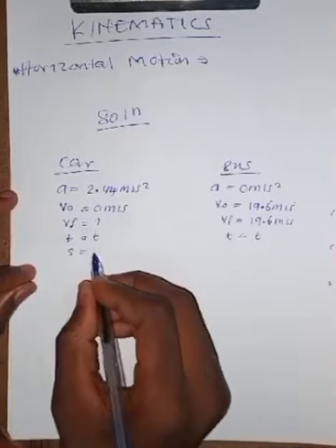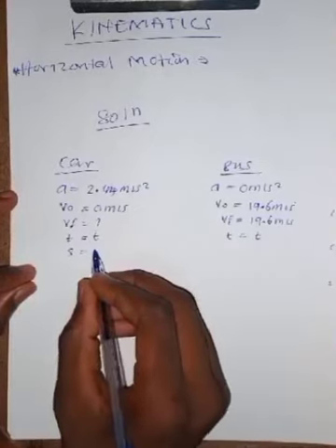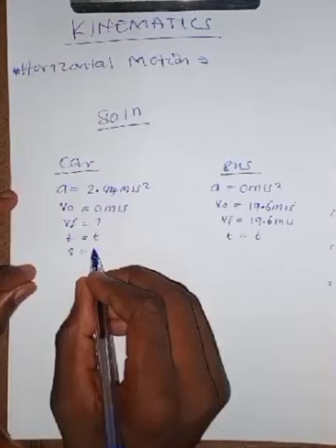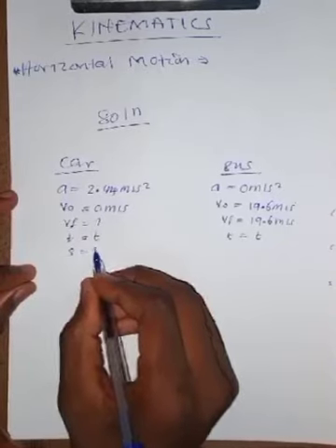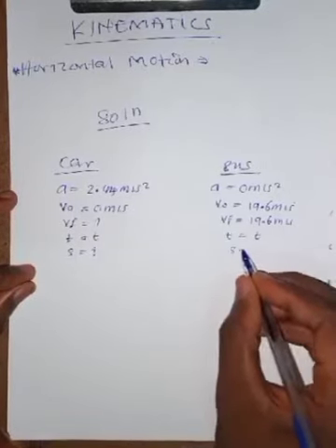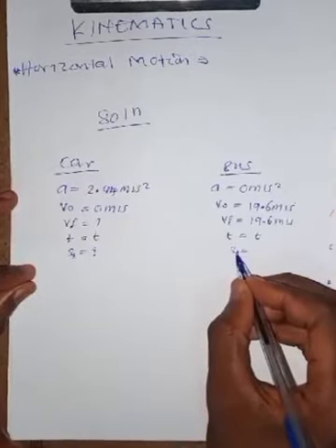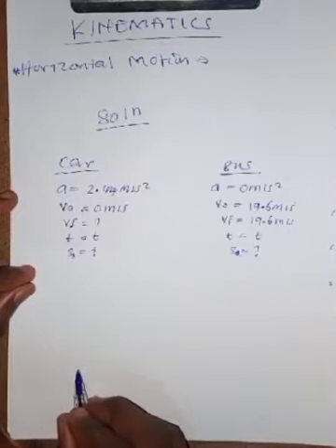The displacement is also the same, because they are going to meet at the same distance. They cover the same distance for them to meet again. So we have displacement unknown, displacement 1 and displacement 2, also unknown.